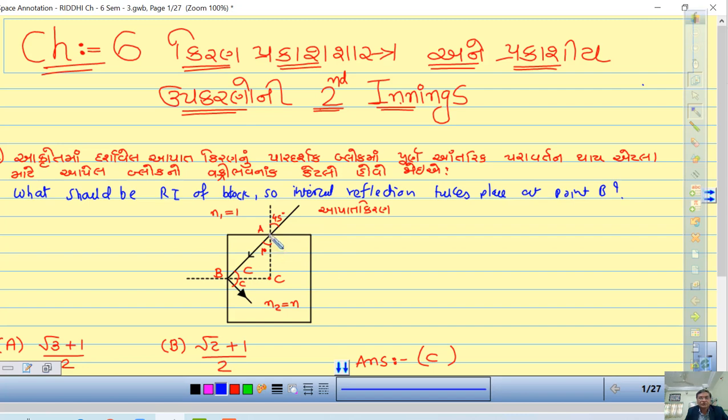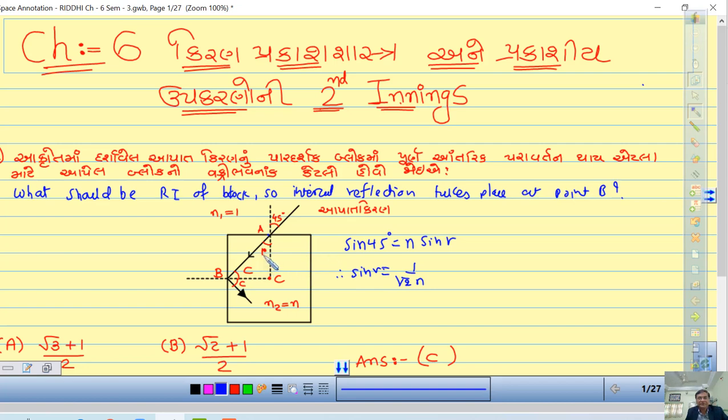So here if we use it, we get sin 45 is equal to n sin R, and therefore we can write sin R is equal to, this is 1 upon root 2, so n going other side, it becomes 1 upon root 2n.